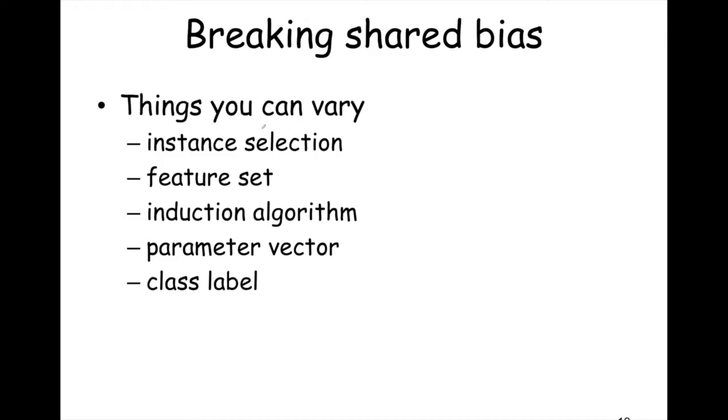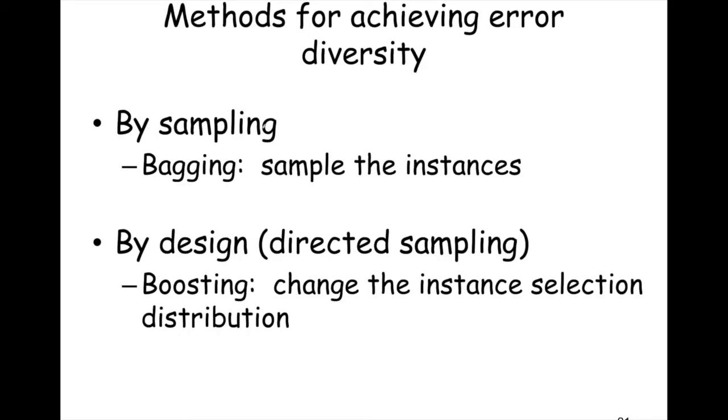And you can alter all sorts of factors. One is the instance selection, the feature set selection, the classifier induction algorithm, the learning algorithm you use in order to train the classifier, the parameter vector type, or maybe even the class label. There are methods for manipulating the class label. But we're going to focus on methods that try to break shared biases of the component classifiers in an ensemble by modifying the instance selection.